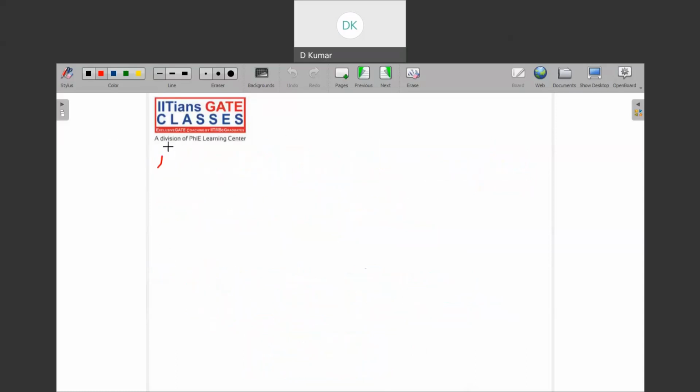And second is output resistance. How do we determine output resistance?